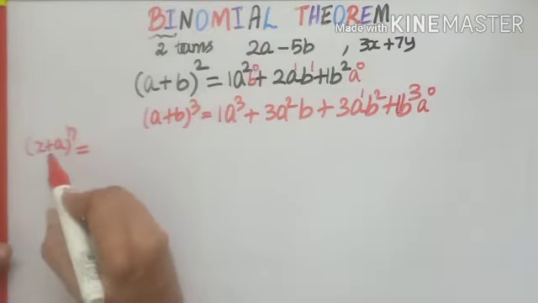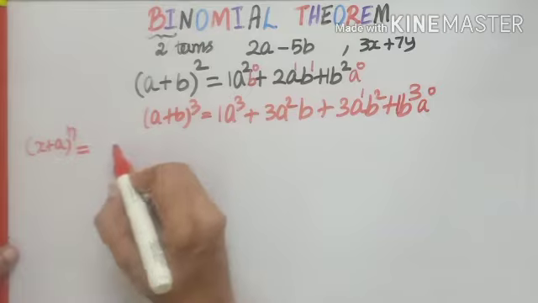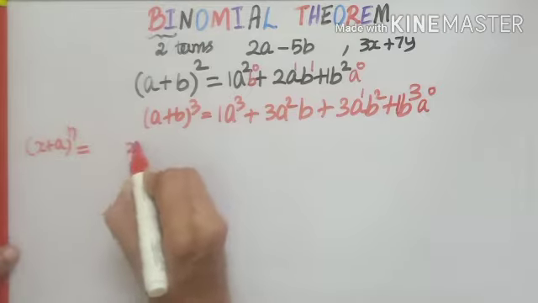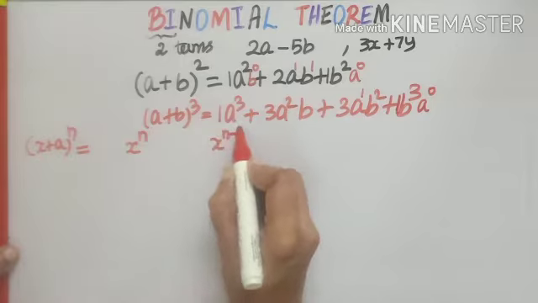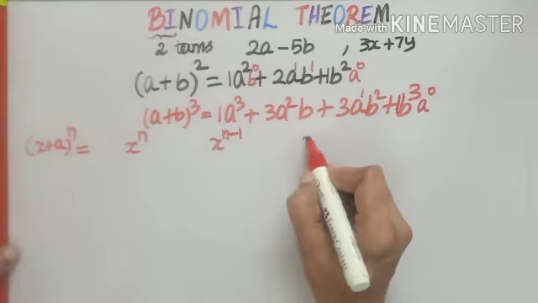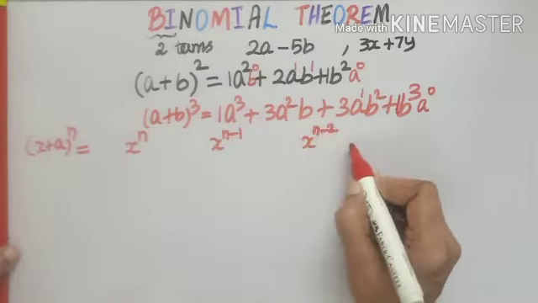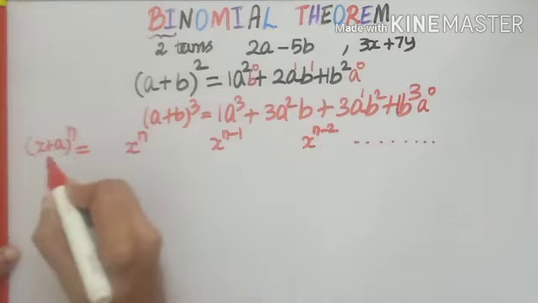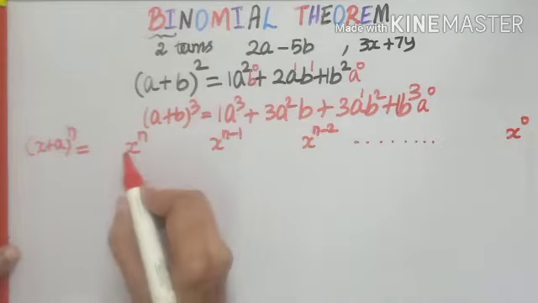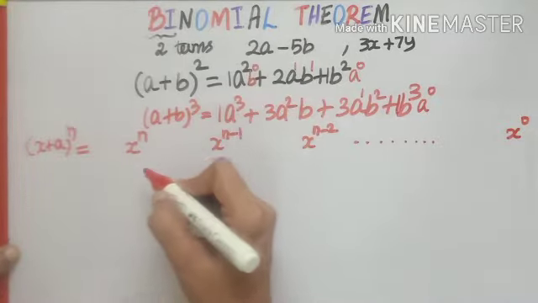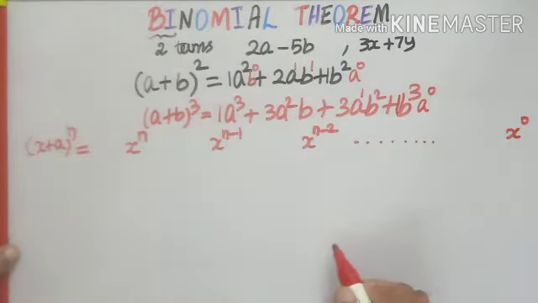So how to write this (x plus a) power n? x is the first term. Power what? n. Next term x power n minus 1. Next term x power n minus 2. And so on. What is the last power? x power 0. So starting from x power n decreases, goes to x power 0.